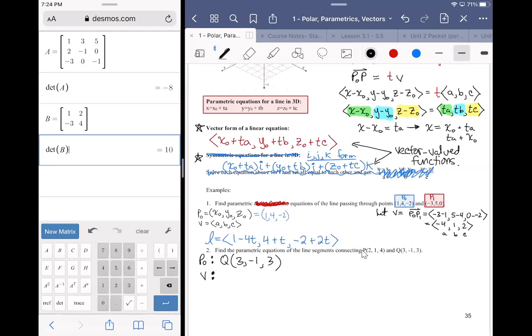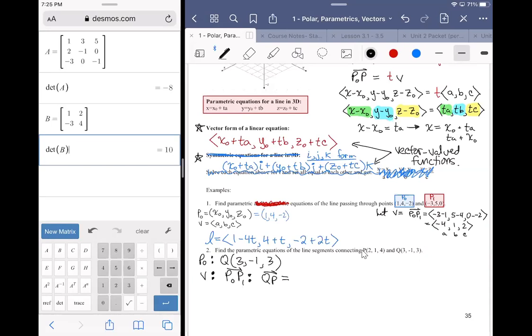V again is the displacement between our P sub O and our P sub 1. All right, but in this case, I'm going to end up overusing colons here, but that's all right. If I'm calling Q my P sub O, then it must mean that I'm going from Q to P. All right, could have gone the other way.